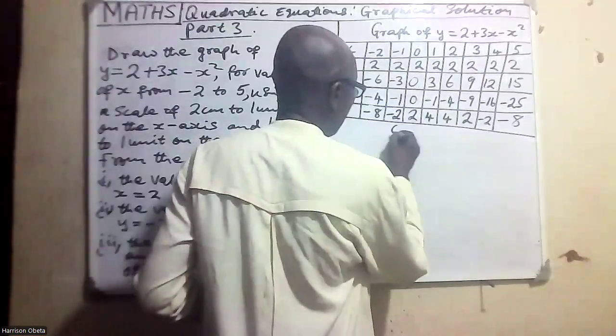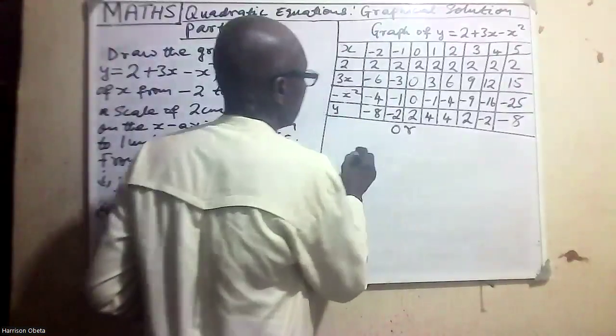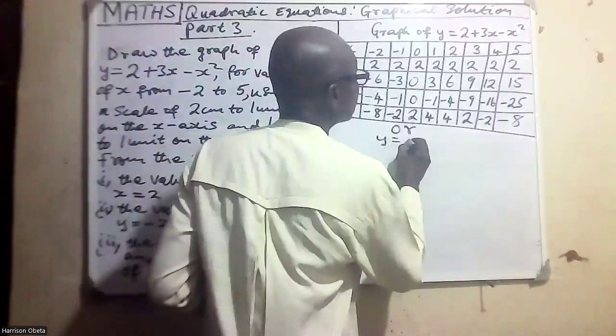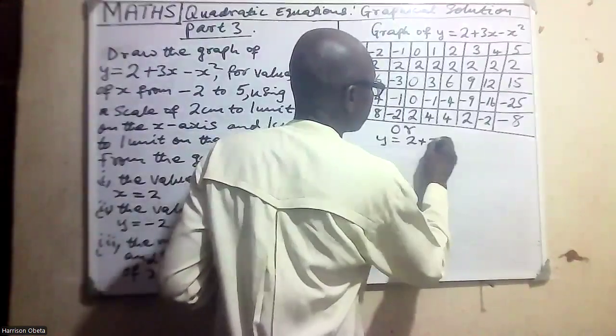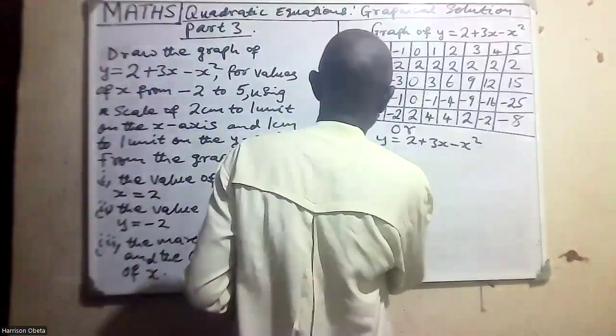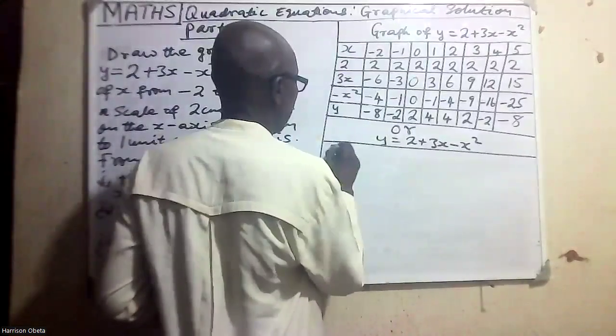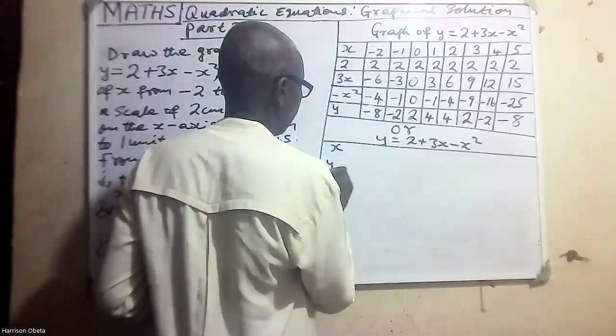I will now put all, then I'll draw y equal to 2 plus 3x minus x squared. Have this, you have your x, you have y.